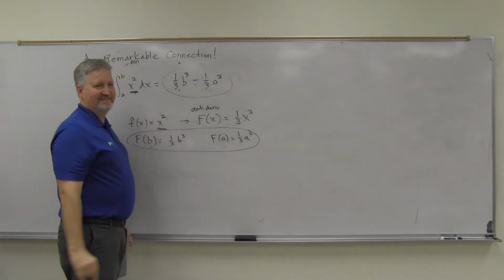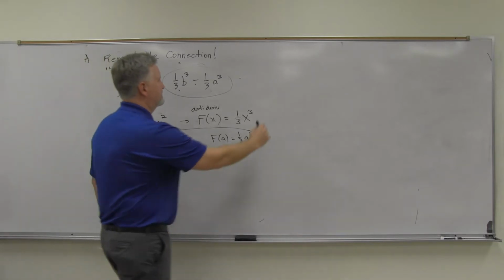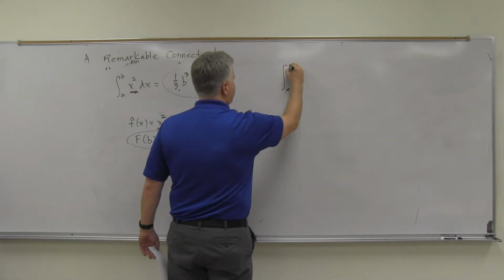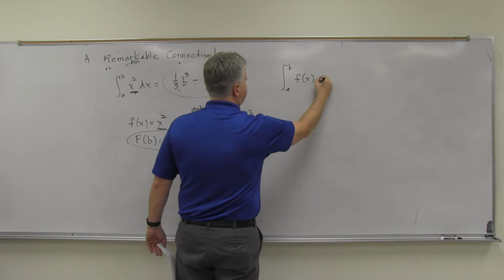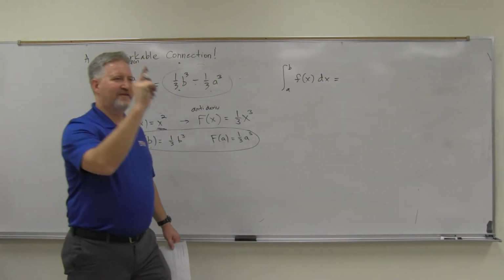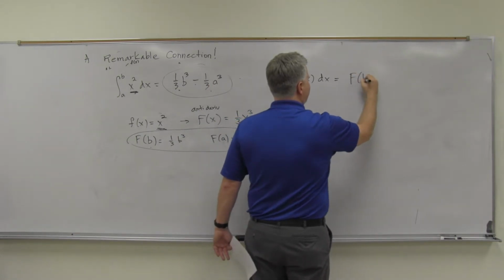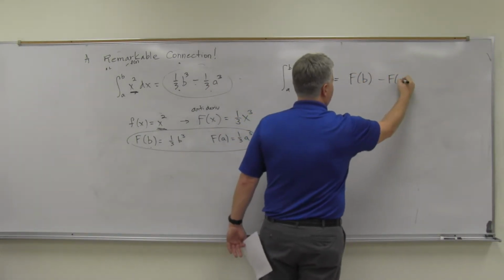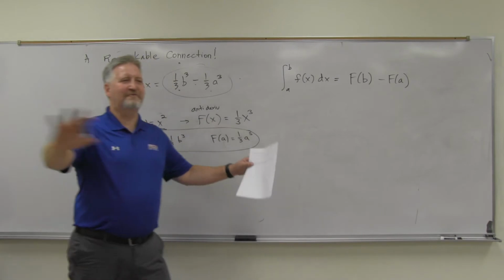That's not by coincidence. Turns out the integral from a to b, f of x dx, you just have to do the antiderivative at b minus the antiderivative at a. You don't have to go through all that.